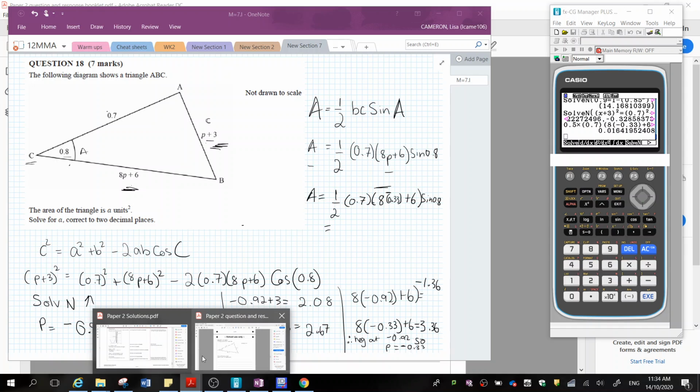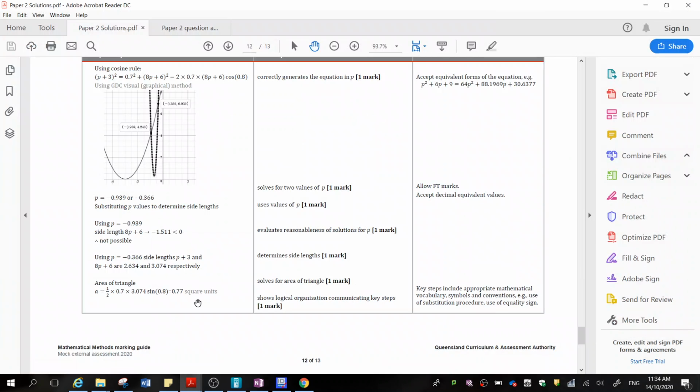Okay, so let's consult with the answers and see what they did. All right, so yes, they worked out the same as us. So it shouldn't have mattered where we substituted in, but that's the line of substitution.